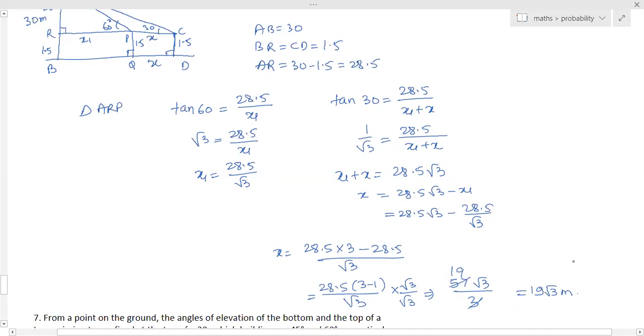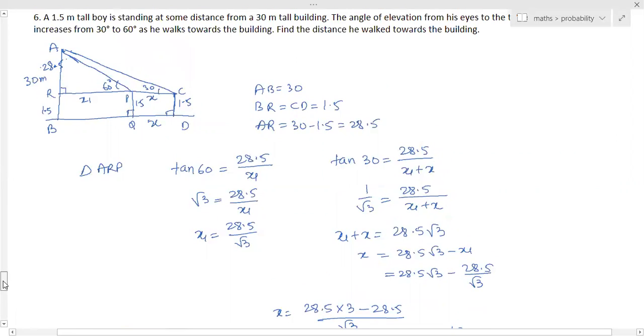So substitute the root 3 value. 32.908. Yeah.